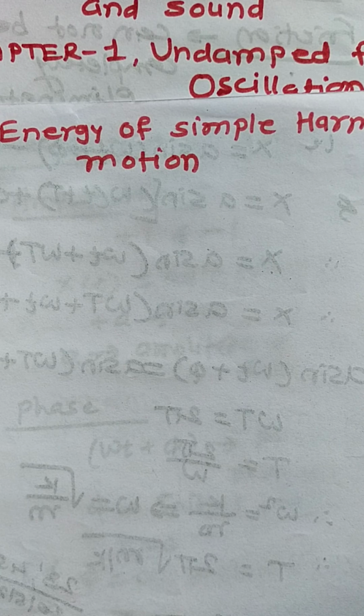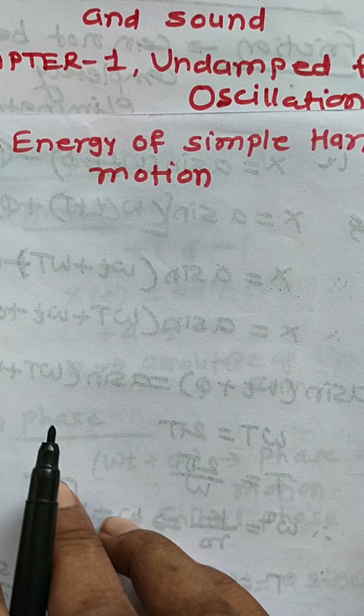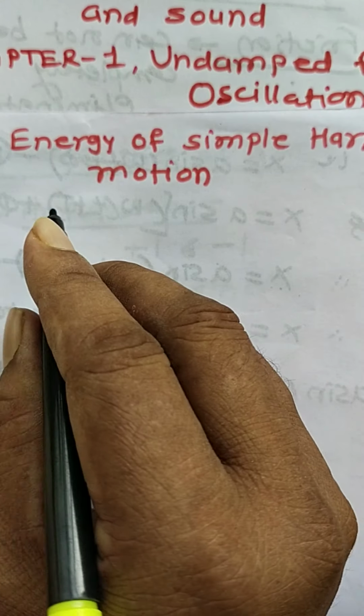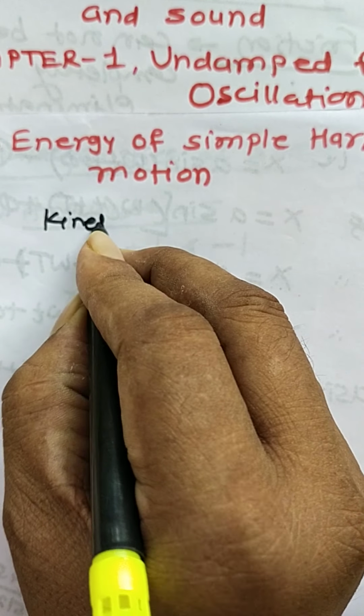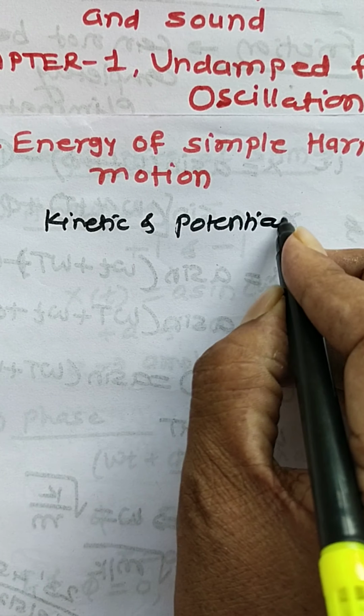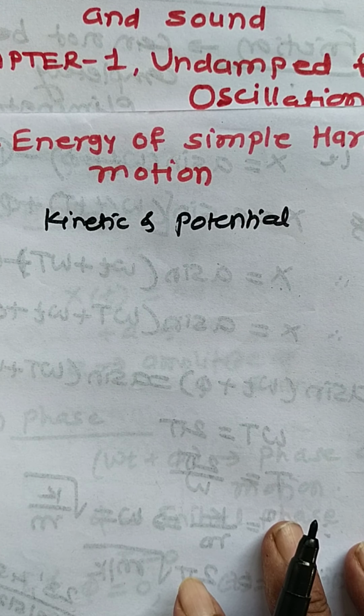The particle performing SHM is subjected to the action of a restoring force, so its energy can be both kinetic and potential. By virtue of its motion it has kinetic energy, and by virtue of its position it has potential energy.